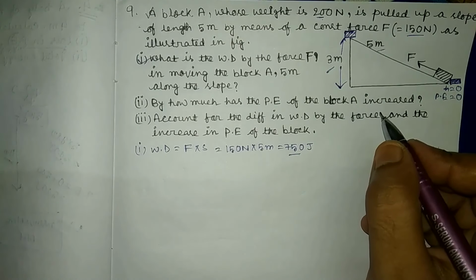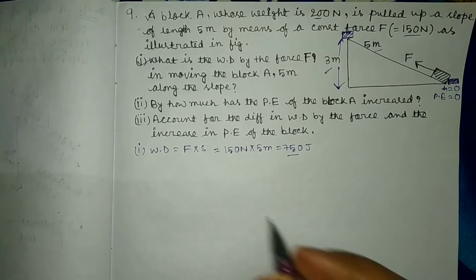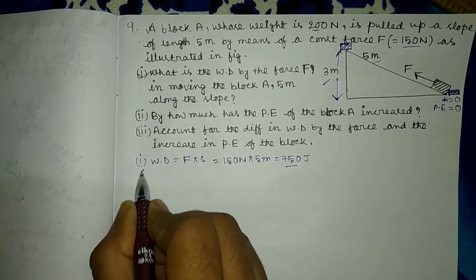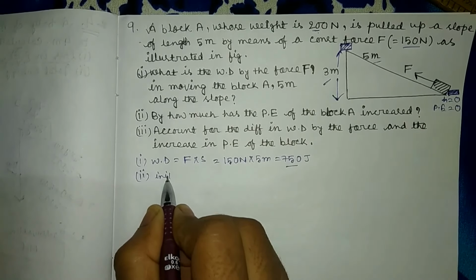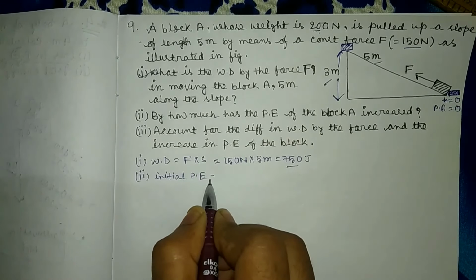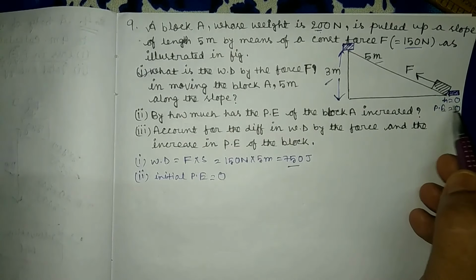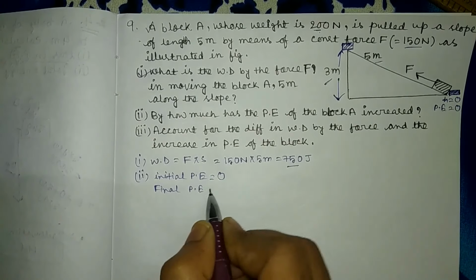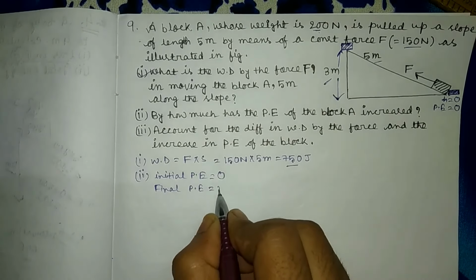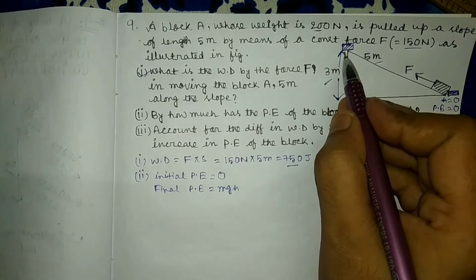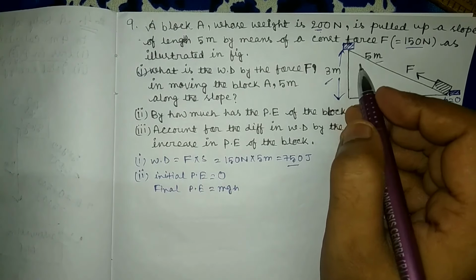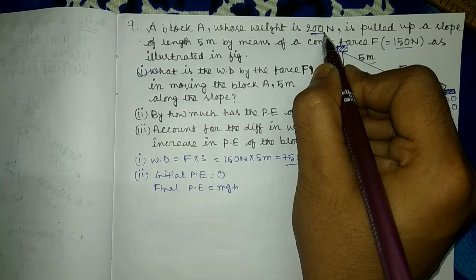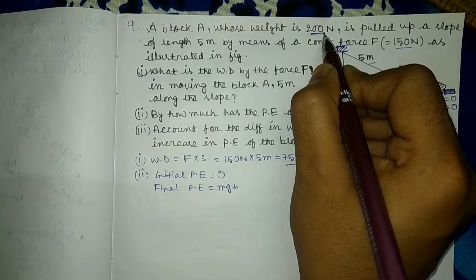Please remember it. So initial potential energy equals 0 here, and final potential energy equals m into g into h. Here weight equals 200 Newton, which equals m into g.